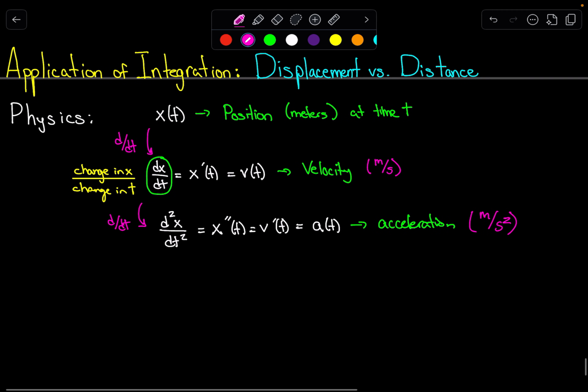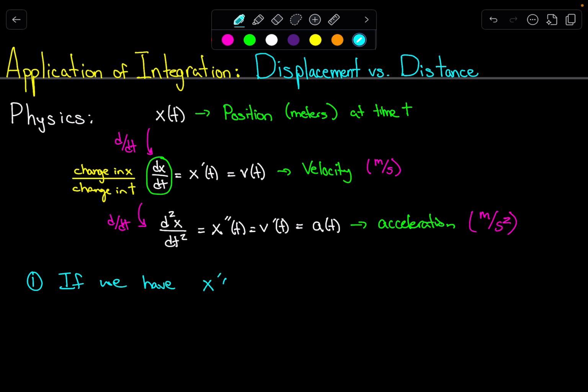So the first thing is that, number one, okay, if we are given that, say, x prime of t is equal to, excuse me, not x squared, is equal to t squared plus 3t, say.